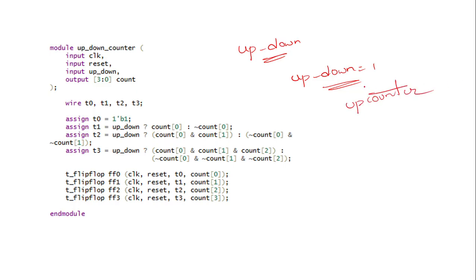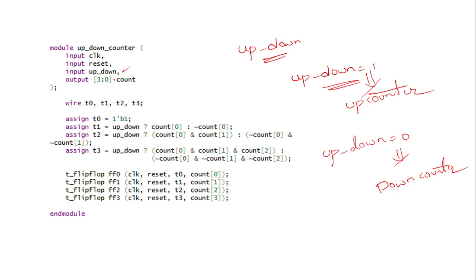If up_down is equal to 0, it acts like a down counter. According to this pin, it decides whether this counter is going to be an up counter or a down counter. This is the main one. You have to decide whether it is an up counter or a down counter.